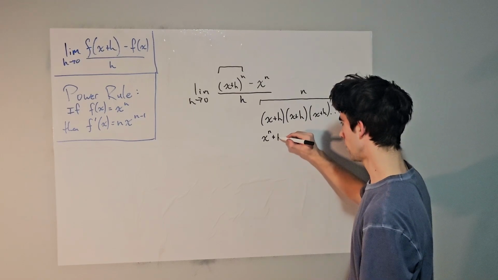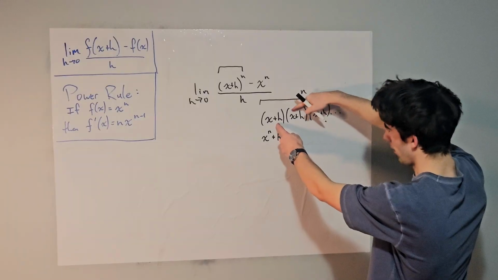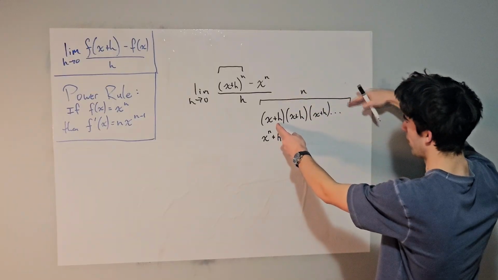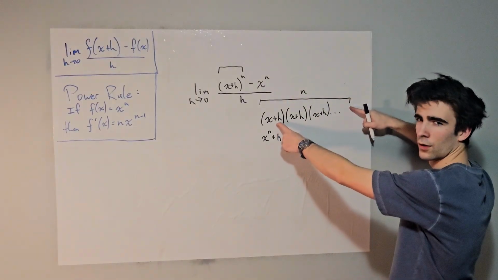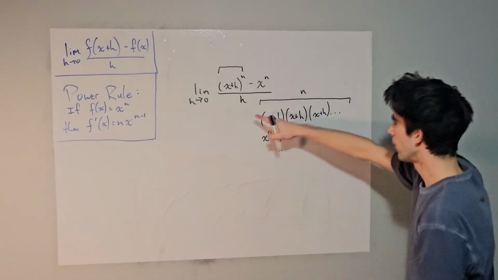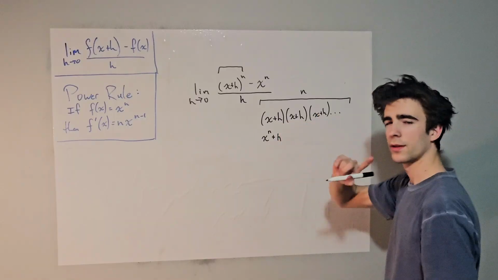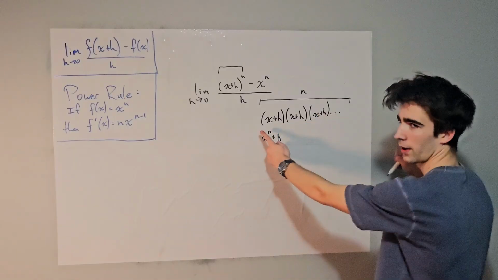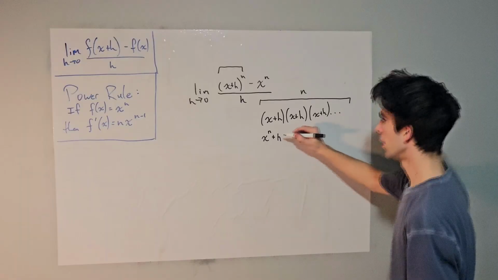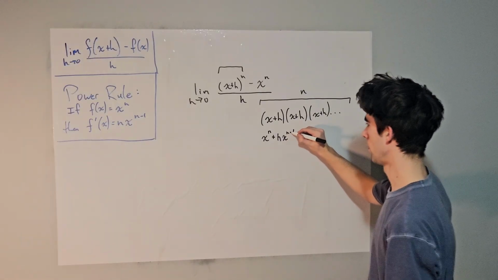We have that h from this binomial multiplied by the x here, and the x here, and the x here, and the x here. How many x's will there be total in that term? Well, it shouldn't be a full n because one of them is replaced by an h. So it'll just be one less than however many binomials we have. It should be x to the n minus 1.